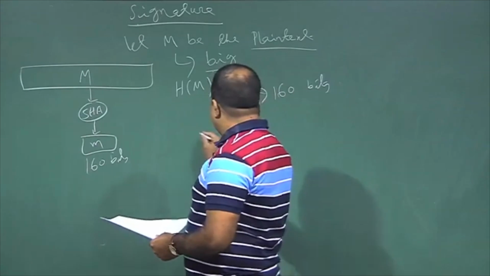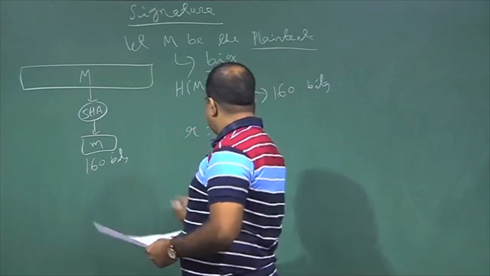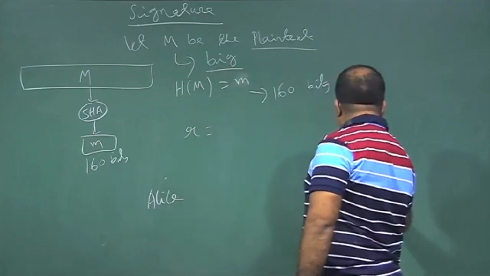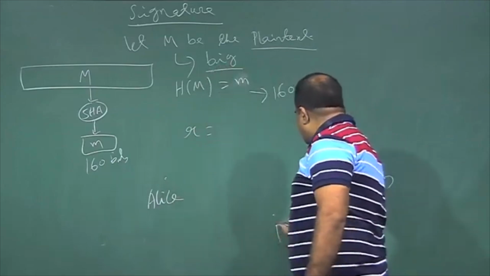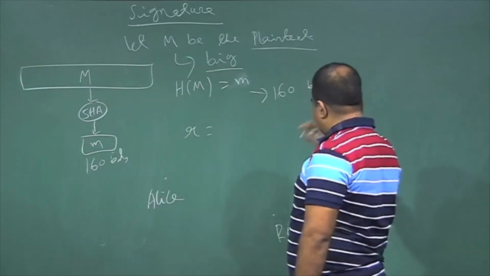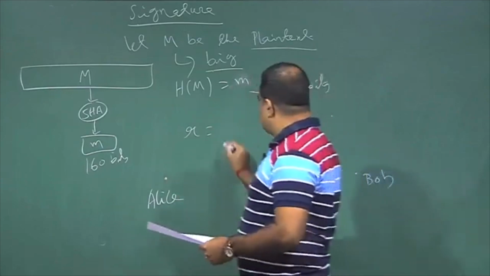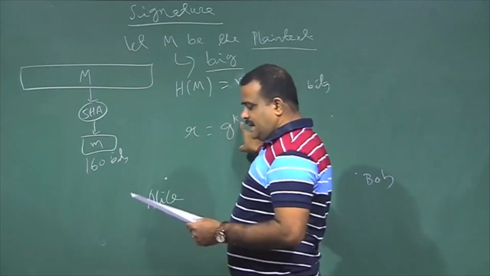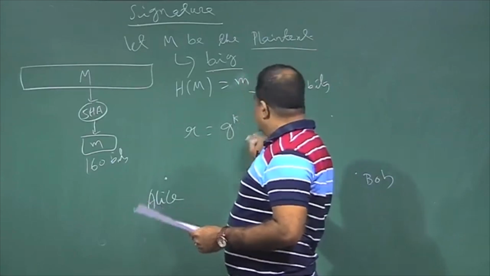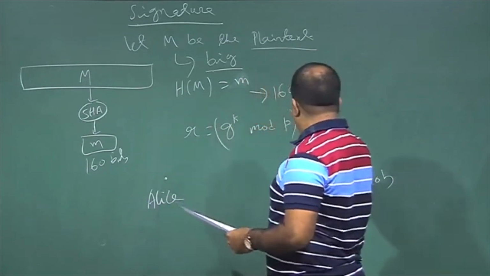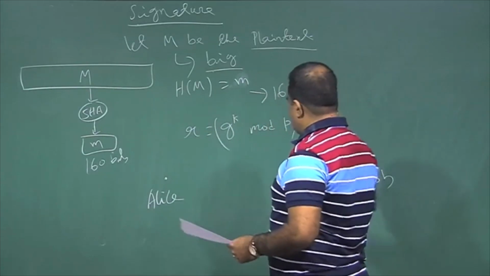So, how can we compute R? Suppose Alice is signing and sending it to the public channel: Bob, Rob, this group of users, Bimal, Polas. Okay. So, Alice is computing what? G to the power k, because k is chosen by Alice and G is public, so G to the power k mod P, then mod Q. Okay.